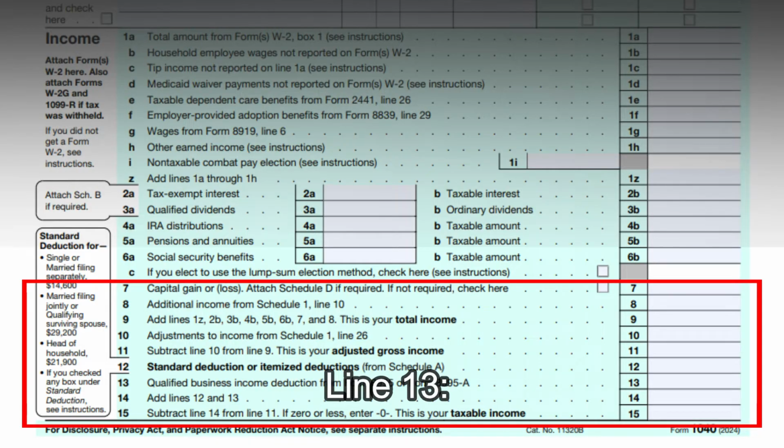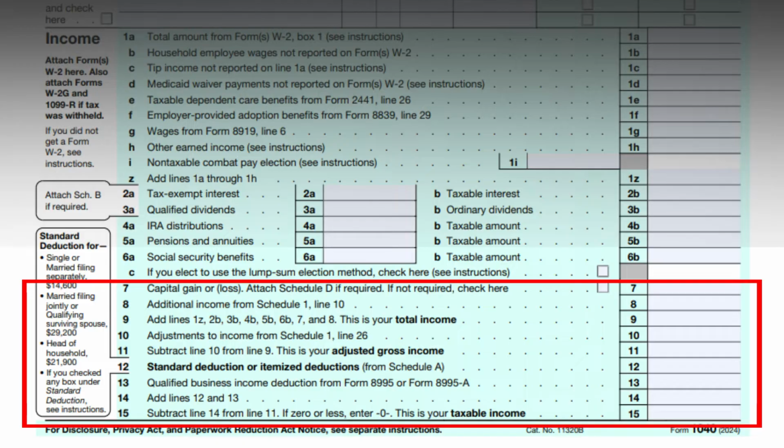The Qualified Business Income, QBI, deduction is a special tax break for owners of certain businesses, like sole proprietors, partnerships, S-corporations, and some trusts and estates. Line 14. This line adds the standard or itemized deductions and any business income deductions. Taxable income. Line 15. Subtract line 14 from line 11 to arrive at your taxable income.